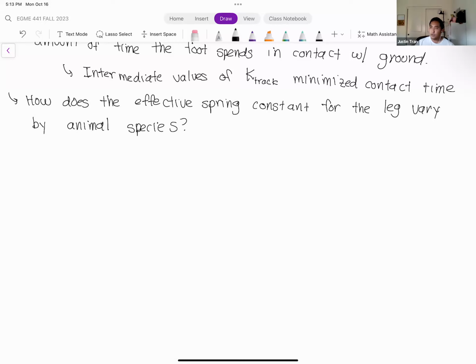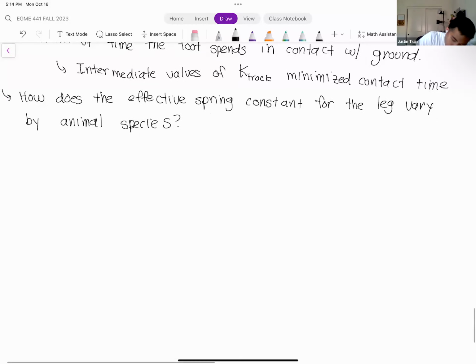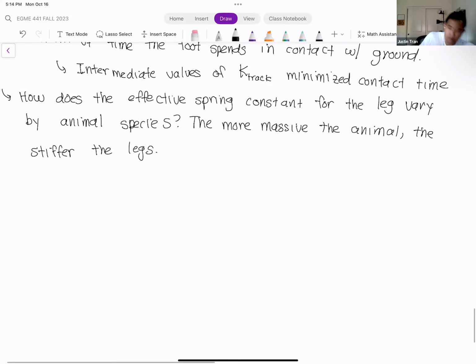And so there's actually a direct correlation: the more massive an animal is, the more it weighs, the stiffer the legs are. Okay.